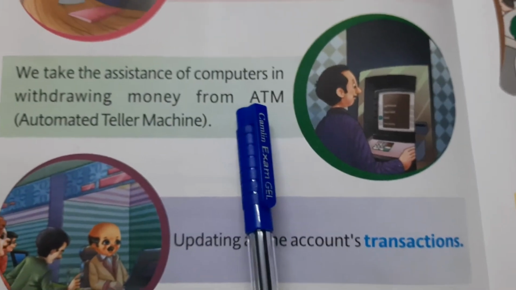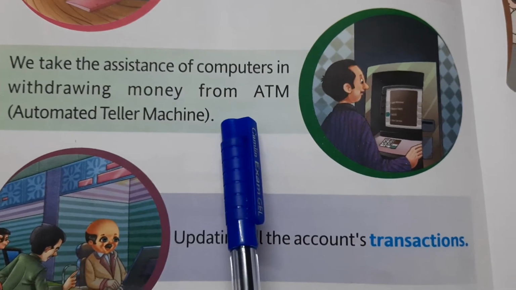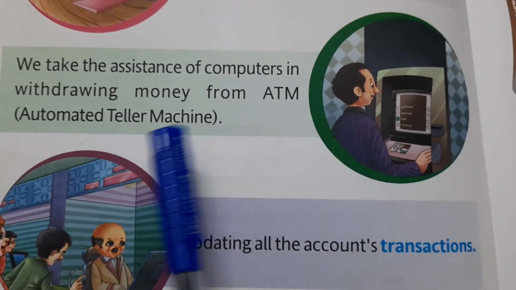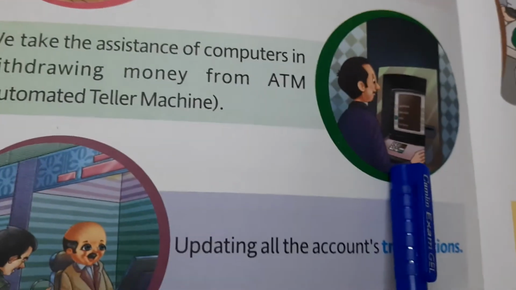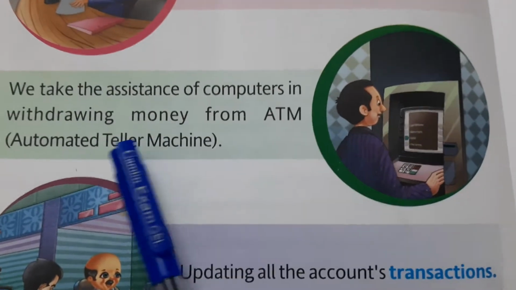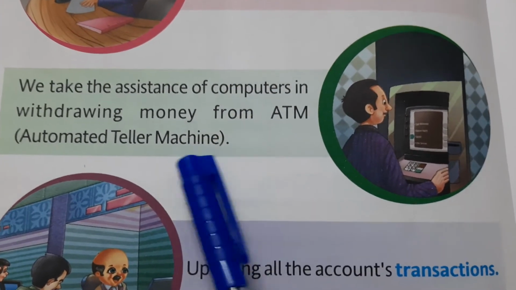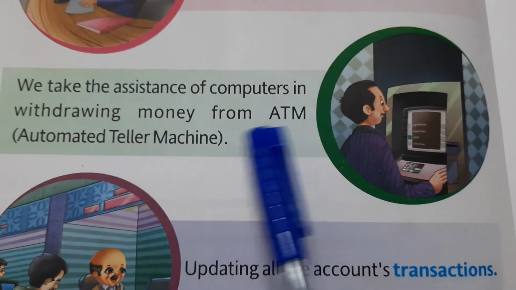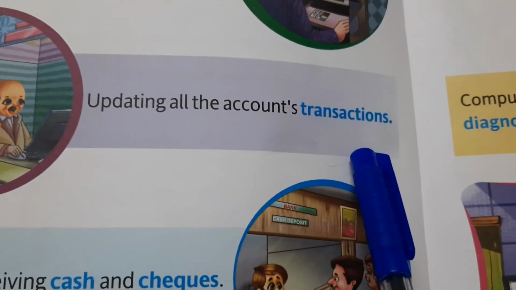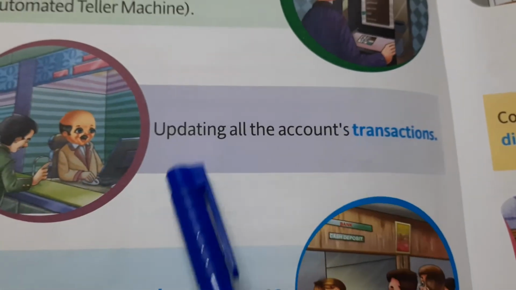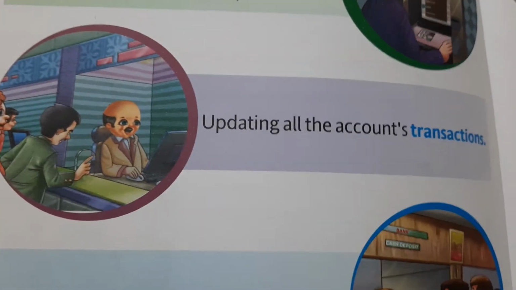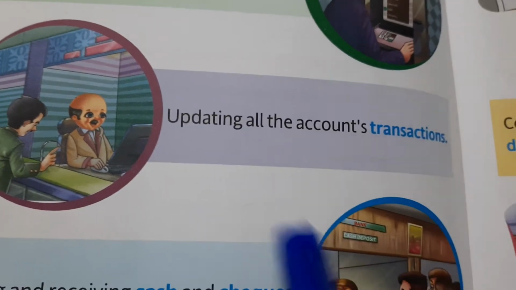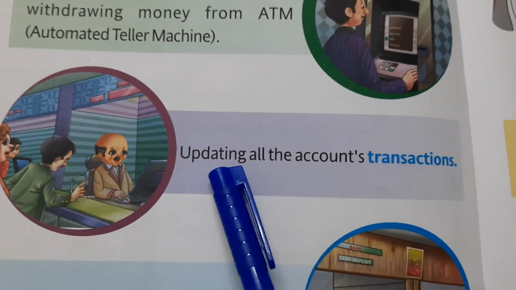We take the assistance of the computer in withdrawing money from the ATM, that is the automated teller machine. Whether we are depositing or withdrawing, we can use the automated teller machine. We can also update account transactions, which means how much money was withdrawn, how much was deposited, and what all changes were done.